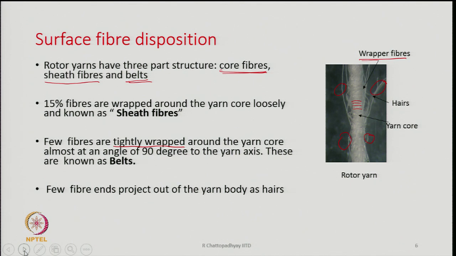The projecting ends are known as hairs. That is true for the case of ring spinning also. I have shown it with these circles. Anything that is projecting out of the yarn core will be known as hairs. Even a projecting out loop could be considered as hairs.